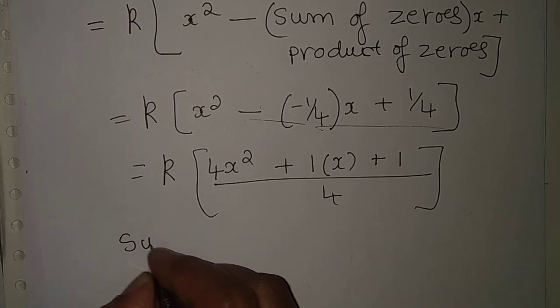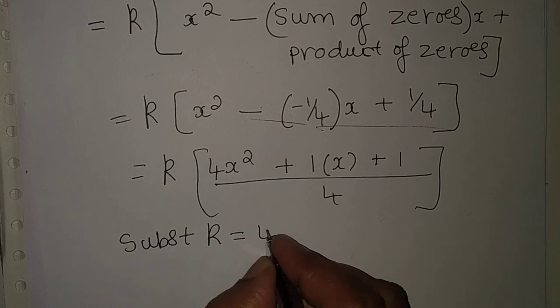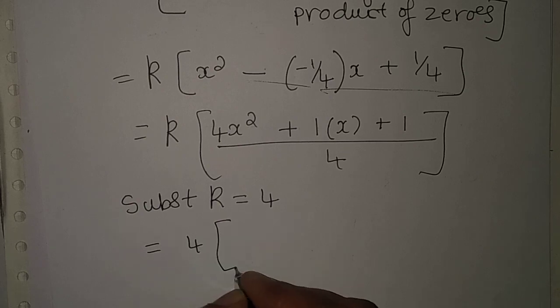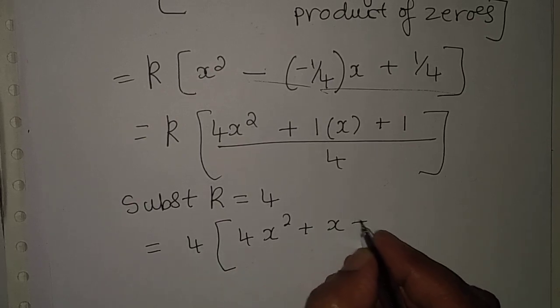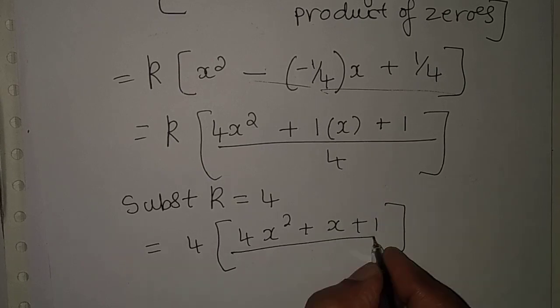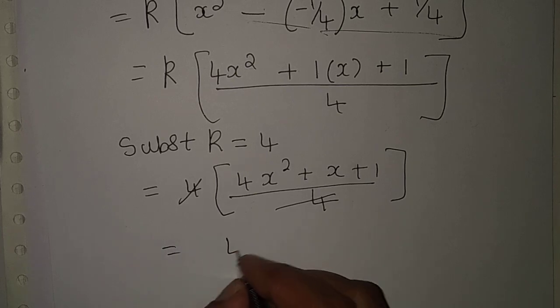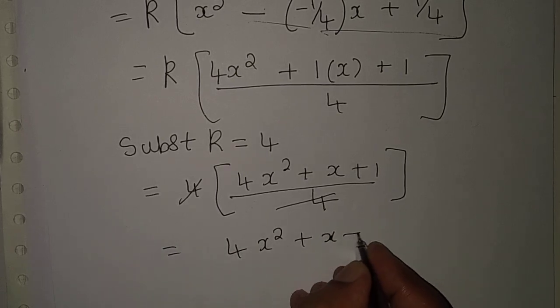Now substitute k equal to 4, then 4 into (4x square plus x plus 1) by 4. Cancel this, we get 4x square plus x plus 1.